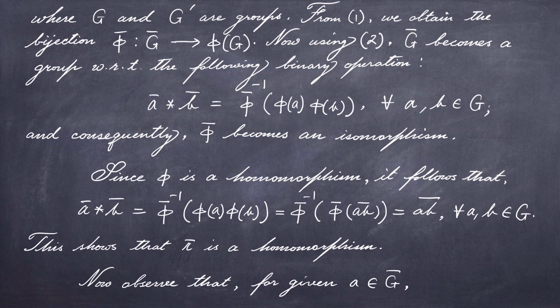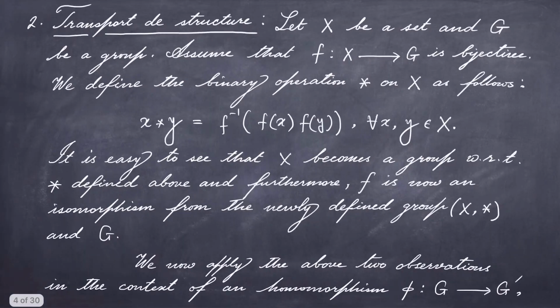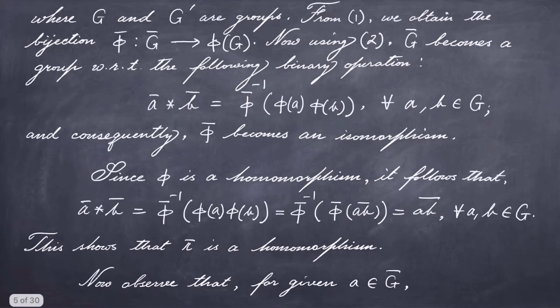We observe that phi A and phi B is nothing but phi of AB, because phi is structure preserving. Remember that while dealing with the generality here, we cannot write fxy because, to begin with, there is no notion of multiplication inside x.